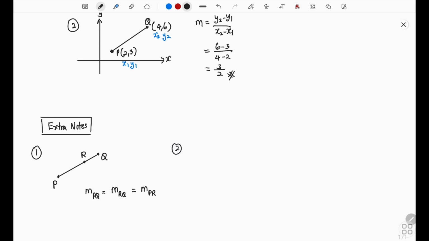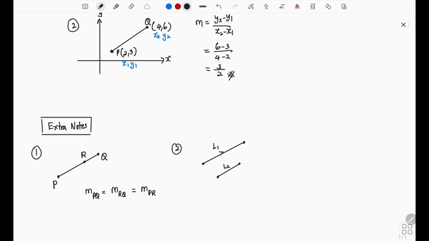And the second point is, if you have a line, and let's just call this line 1, and you have another shorter line, okay, any length, doesn't have to be shorter, but it has to be parallel.